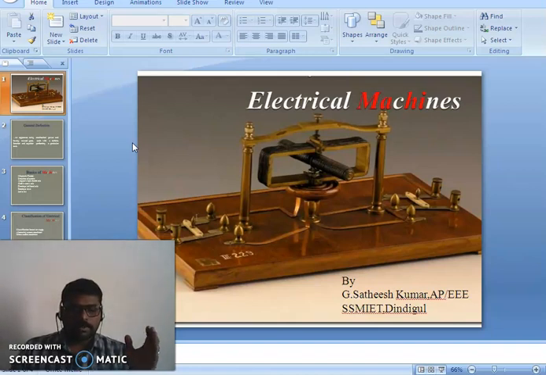In electrical machines 1, we are going to deal with 3 different types of machines, that is called transformer, which comes under the category of static machines. Second and third one is generator and motor. And in generator and motor, we are going to deal with only DC. AC machines you are going to study in the next semester. Next semester in the sense electrical machines 2.